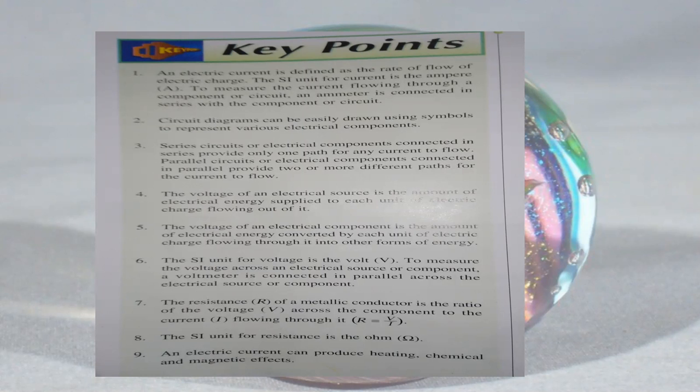In other words, the current flowing through a metallic conductor is directly proportional to its voltage, as stated in Ohm's law. R is equal to V upon I is Ohm's law, where R is resistance, V is voltage, and I is current. Is it clear to all of you?